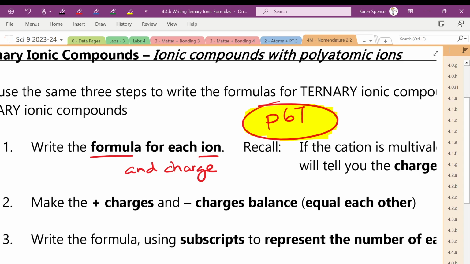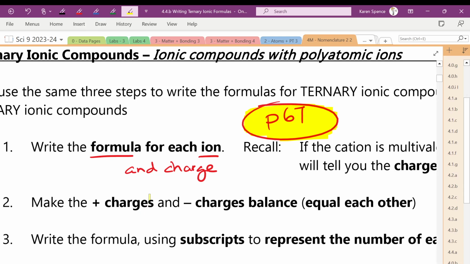Page 67. So you write the formula for each ion and the charge.